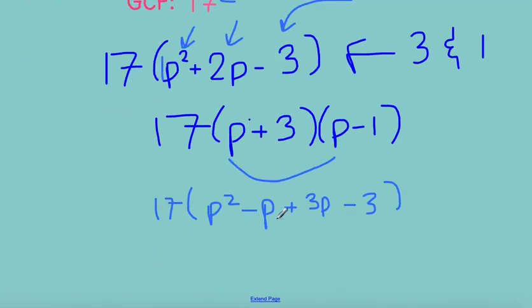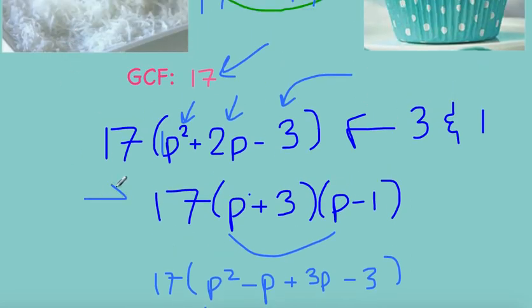Because when we combine our like terms right here, we'll get a positive 2p minus 3 and p squared, and then our 17 is out front. So our final answer is right here, 17 times the quantity p plus 3 times p minus 1.